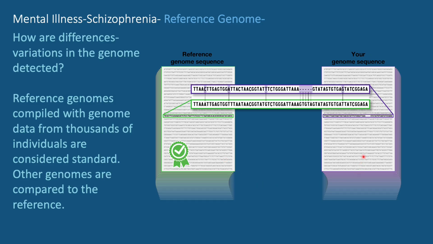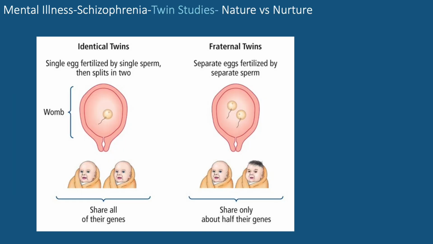When you and I ask what is the difference in our genome with respect to other people, our genome is compared to the reference genome sequence. So, until now, we have looked together at how to compare our genome, yours or mine, to a standard genome in order to see whether there are genomic variants.